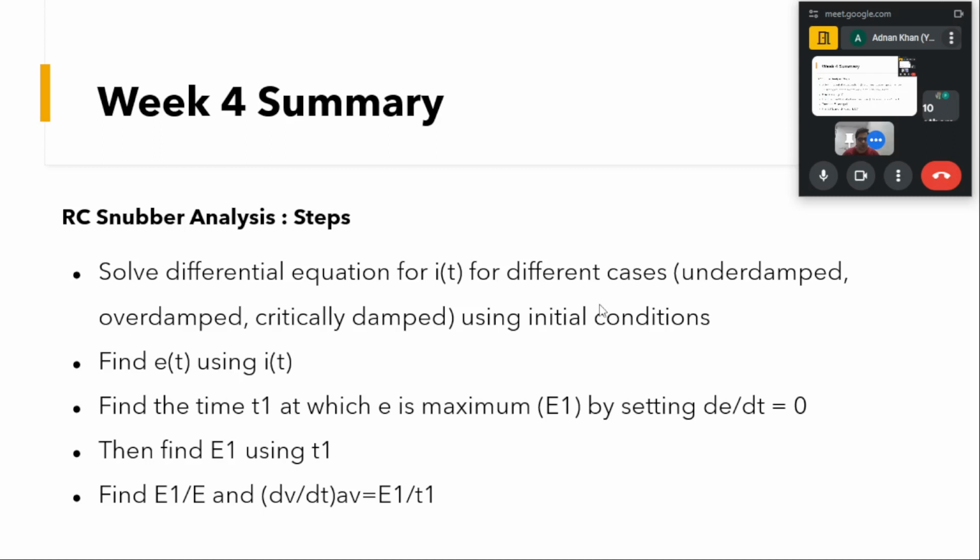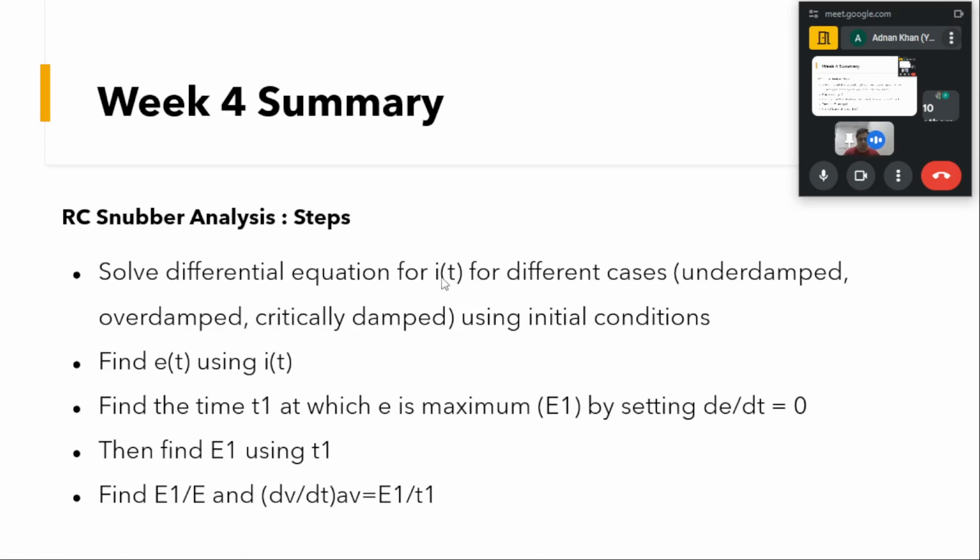And we can do that for different cases. For an RLC circuit, we have underdamped, overdamped or critically damped circuit. Using the initial conditions that I had already told you, we can solve for this i(t).